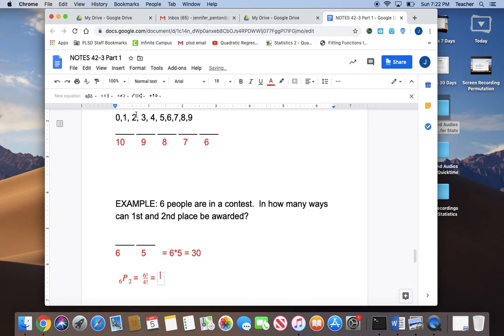But I'm going to write this as 6 times 5 times 4 factorial. Because on the bottom, I also have a 4 factorial. And so the 4 times 3 times 2 times 1, or the 4 factorial, will cancel. And that will leave me with 6 times 5, which is equal to 30.